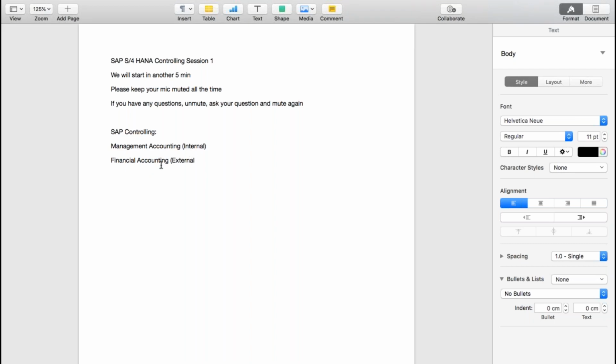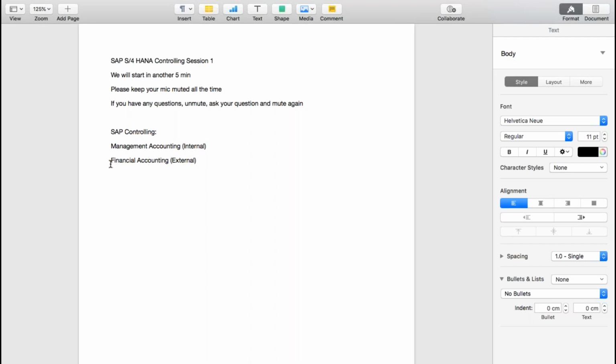External reporting you carry out in financial accounting, and internal reporting, which is internal to my organization, has nothing to do with the tax authorities or the Companies Act, as long as I don't need to submit any report to them. Definitely for cost accounting purposes there are some rules and frameworks, but those are only relevant within your company. It has nothing to do with outside your company. So management accounting is all about internal reporting and financial accounting is all about external reporting.